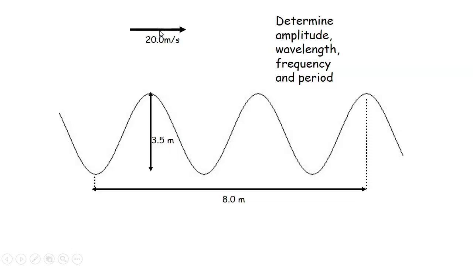We are given here the wave speed, which is 20 meters per second. And then we have here, from one point to another point, a distance of 8 meters. We can use this one to work out the wavelength. And then we can use the speed and this distance to work out the frequency and the period also.